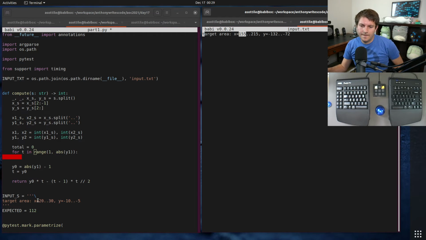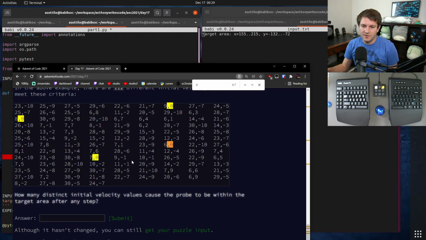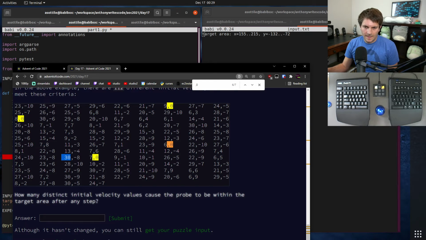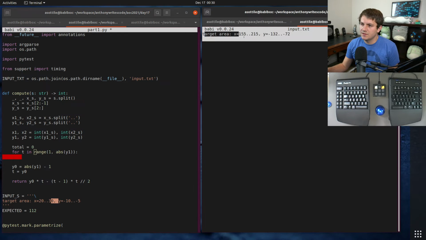Minimum value. Let's see, for this one being 20, what was the minimum x? Did this have a big x? Oh, exactly 30. 6 times 7, 42 over 2 is 21. So it's the largest geometric sum that is this number.